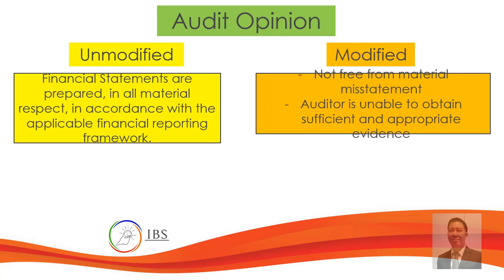In short, an unmodified opinion is a clear opinion, or we call it the standard report. With a modified opinion, you want to emphasize something, or you want the reader to know that something may not be right in the presentation of the report, or you don't have much information to conclude your report.